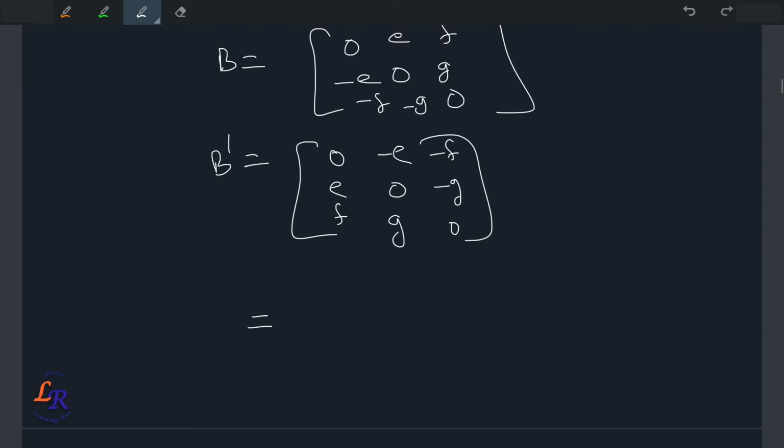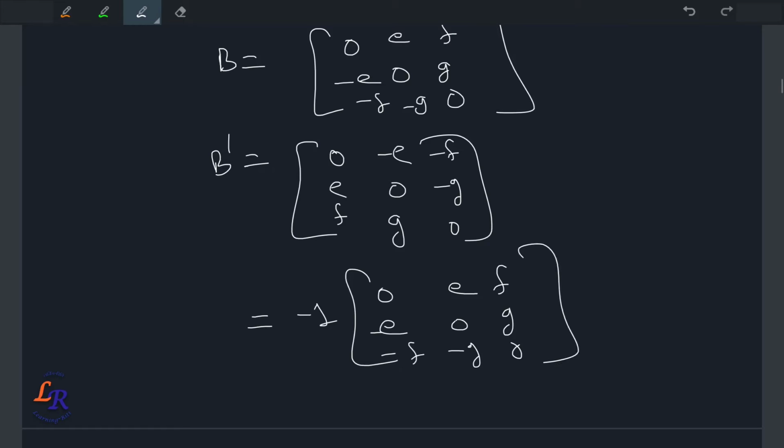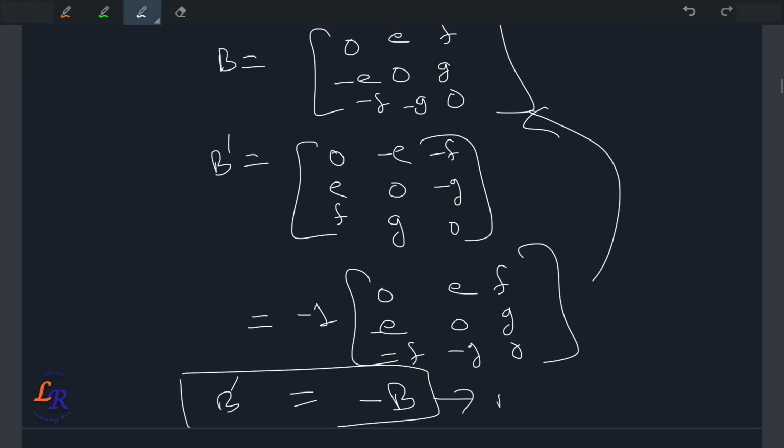If you take minus 1 out, multiplying inside with minus 1, you will get 0, E, F; E, minus E, 0, G; minus F, minus G, 0. You see that this is equal to your B, so it becomes minus B. So B dash is equal to minus B. So B is a skew symmetric matrix.